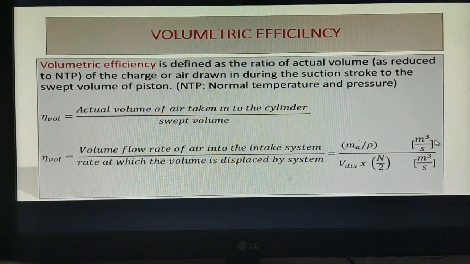Dividing, we get meter cube per second, and the displacement volume into the number of strokes will give you the unit as meter cube per second. In this way we can find out the volumetric efficiency.